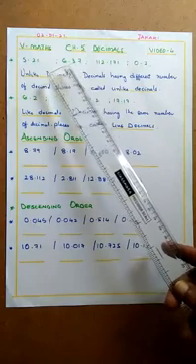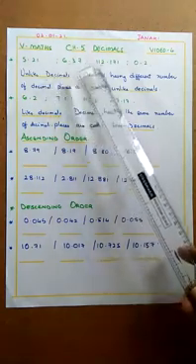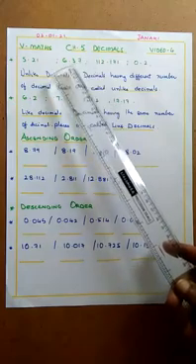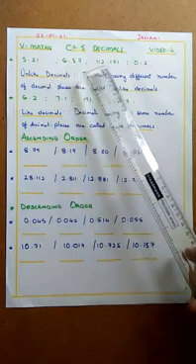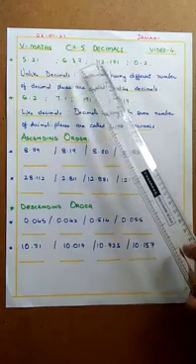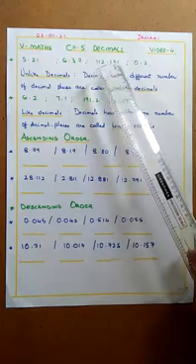Here in the second one, 6.37, you also have two digits after the decimal. Two decimal places are there: 3 tenths and 7 hundredths. But when you see the third one, 112.171, you have 171 after the decimal.